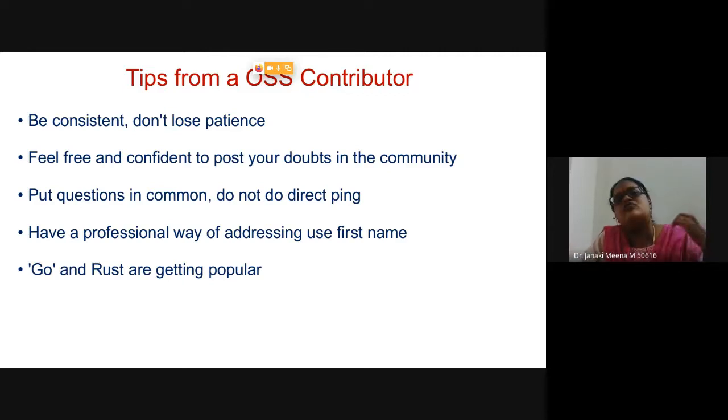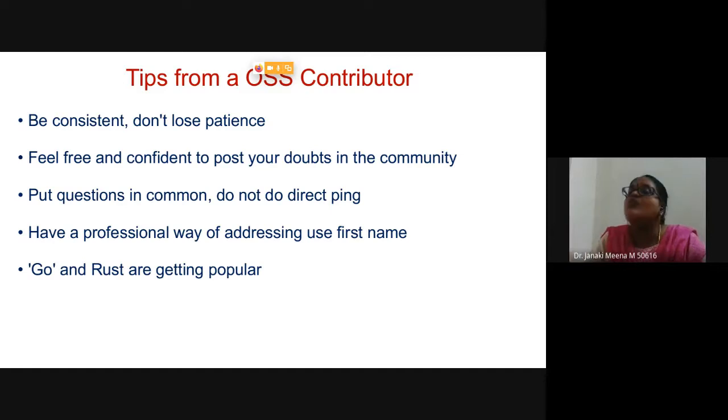He was telling that you should feel very confident to post your doubts in the community, right? You can ask any question without any hesitation. Don't say this is a silly question or something. You must be very confident. That was his point. He was also telling that when we ask questions in the open source community, we should put the questions in the common channel, right? You should not directly ping or specify a person.